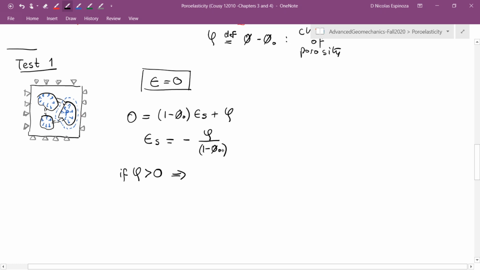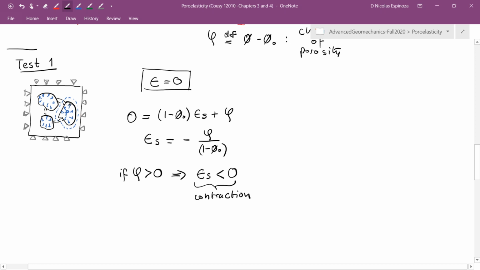And since this number is going to be higher than 0 too, that means I'm going to have a negative volumetric strain. And actually that means a contraction. And that kind of makes sense, because that's what you would expect if you don't let the solid expand and you increase the porosity in the solid by increasing the pressure.